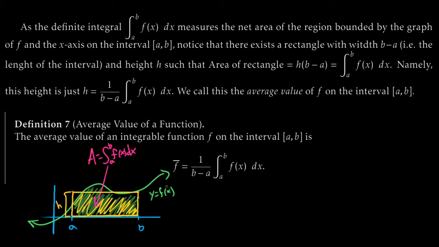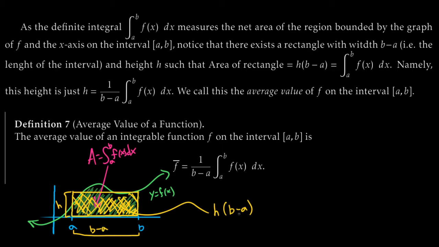Call it h. What we know is that the area of this yellow rectangle, as I've sketched it, is h times b minus a, since this distance down here is just b minus a.